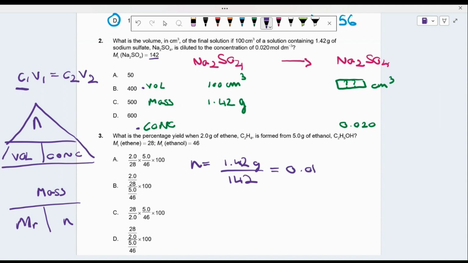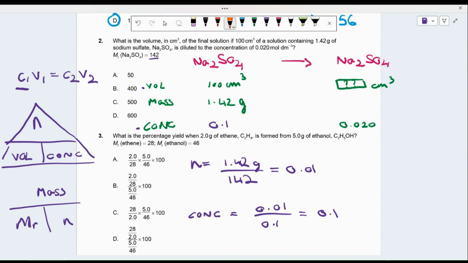So then if we want concentration, we do the moles, 0.01, divided by the volume, which is 0.1 in decimeters cubed. So that will give us 0.1. We now have our beginning concentration, 0.1.